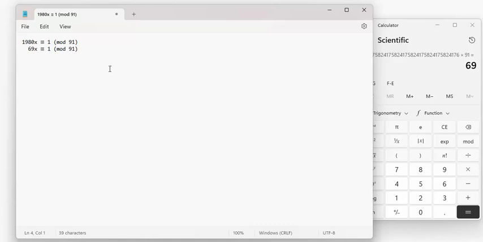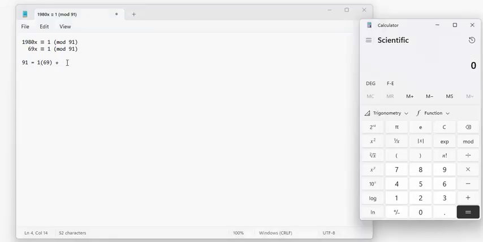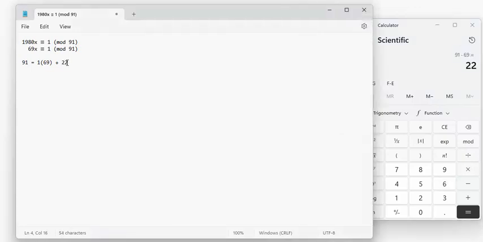Now we decompose this number according to Euclid's algorithm, which tells us that 91, the modulus, can be written as a multiplication of 69, the number we are looking for the inverse of, with how many multiples? In this case it is obviously 1, because 69 is more than half of 91, and the remainder is 91 minus 69, which is 22.